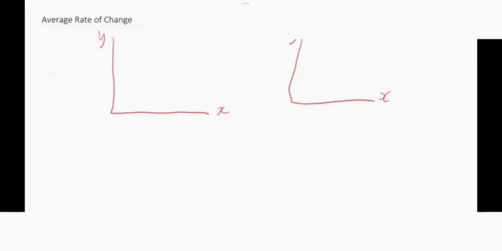So, average rate of change is pretty much the average distance the point changes over a specific time.